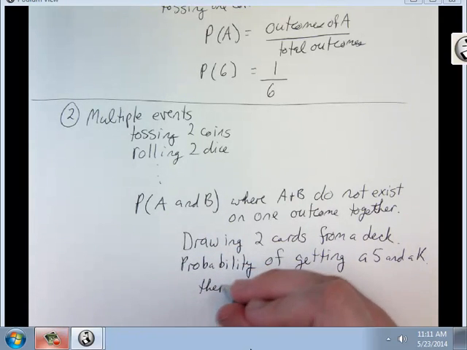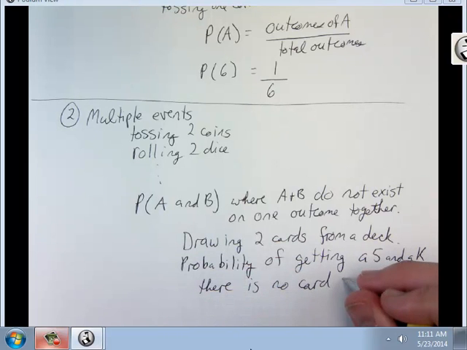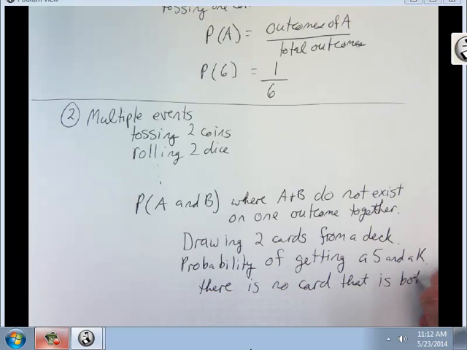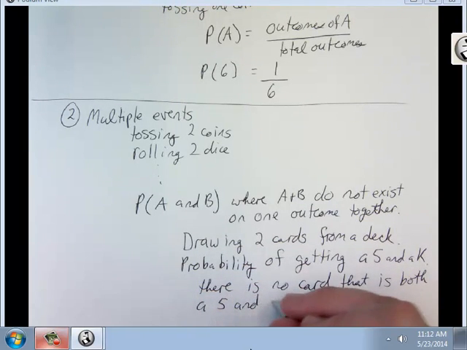There is no card that is both a 5 and a king at the same time.